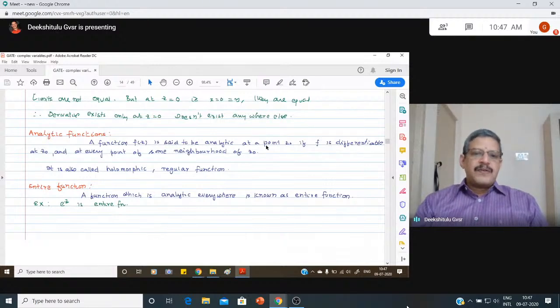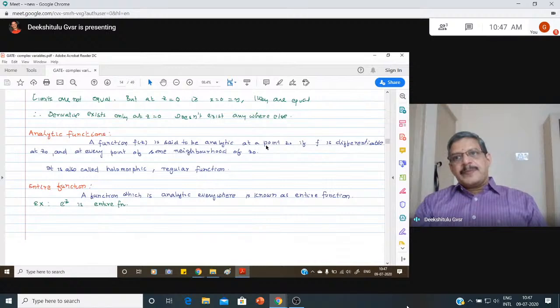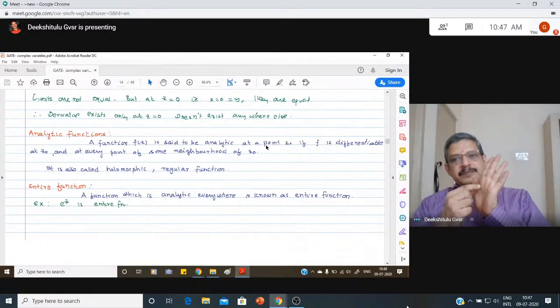So a function f of z is said to be analytic at a point z0 if f is differentiable at z0 and at every point in the neighborhood of z0. So consider a small neighborhood of the point, a small circle around the point centered at z0.